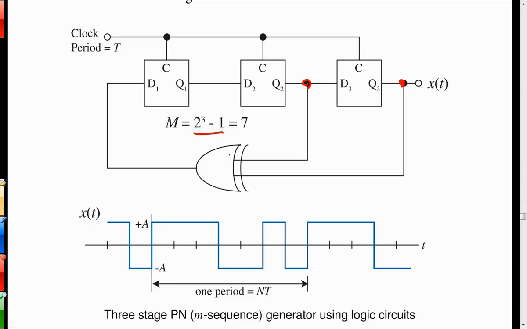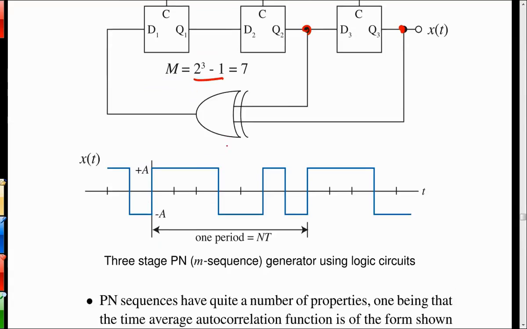If you had a 10-stage generator, which is what the GPS short code uses for what's called coarse acquisition, that generates 2 to the 10th minus 1, which is 1023. So that's the code that you're acquiring when you're acquiring a GPS signal. You're acquiring a 1023 chip long sequence, they're called chips in spread spectrum, or bits.